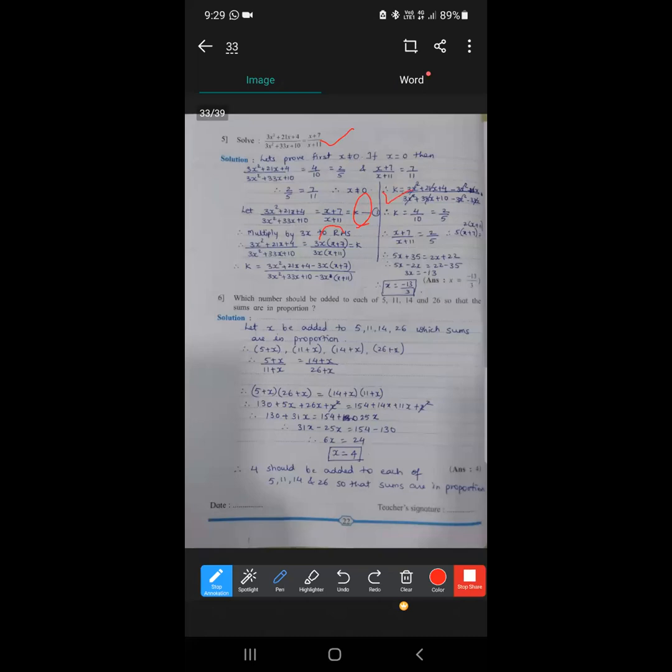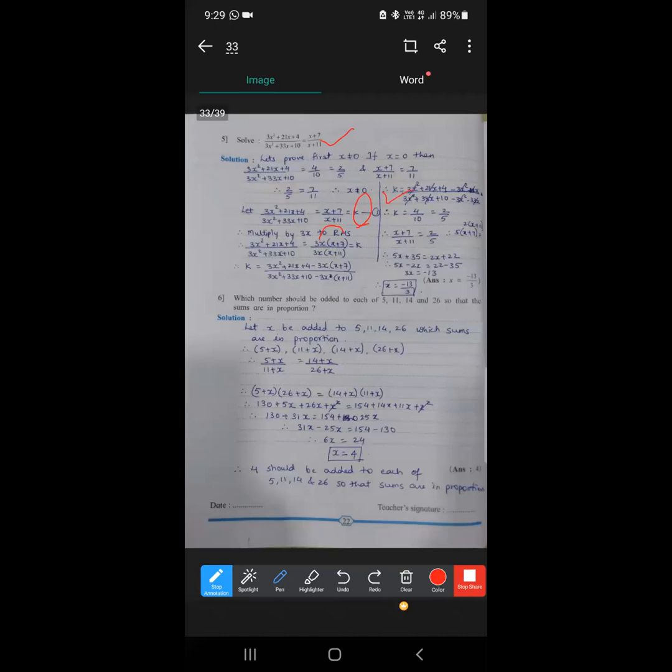So 3x square plus 21x plus 4 minus 3x square minus 21x upon 3x square plus 33x plus 10 minus 3x square minus 33x.